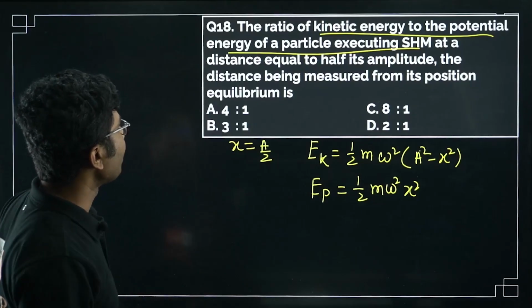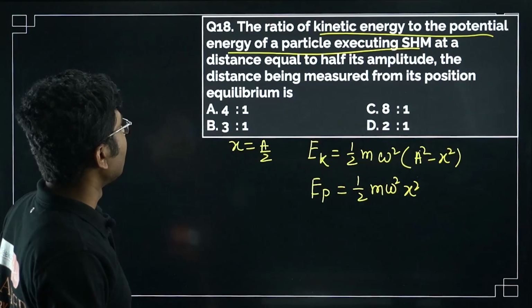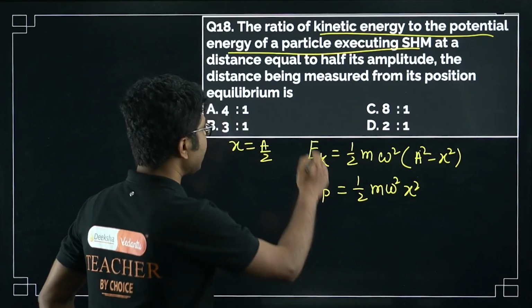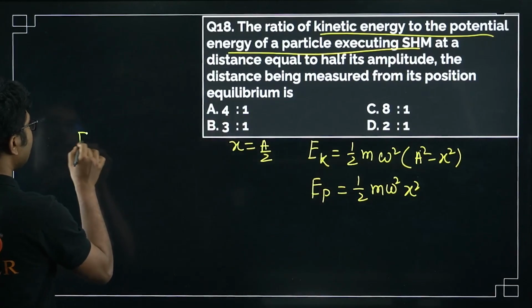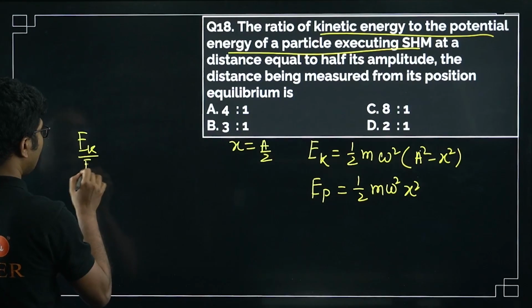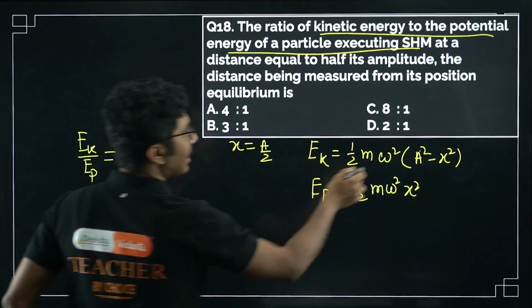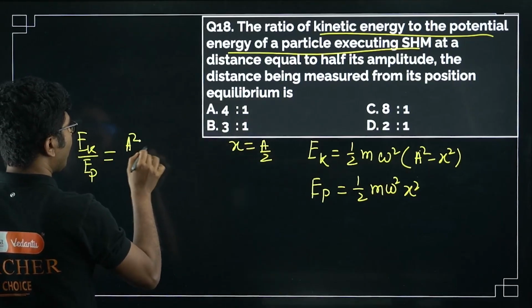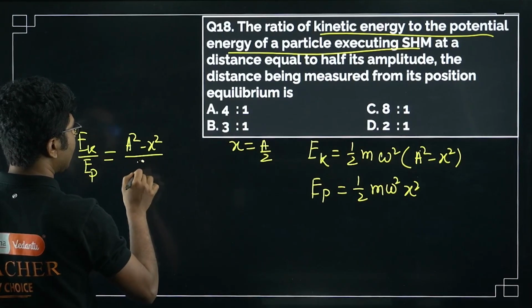So now what you have to find? You have to find the ratio of kinetic to potential energy. So ratio of kinetic to potential is basically Ek by Ep you are trying to find. So if you see that this part is common, so they will cancel. You get a square minus x square divided by x square.